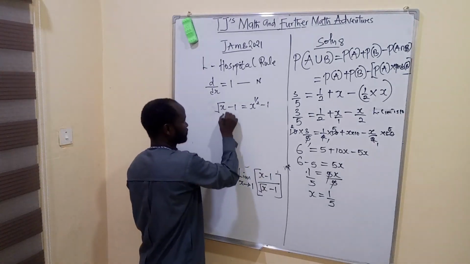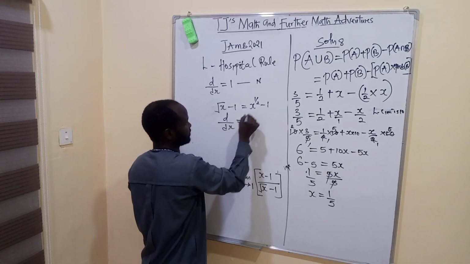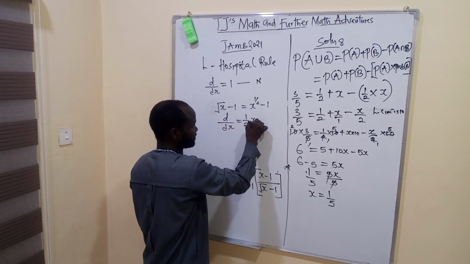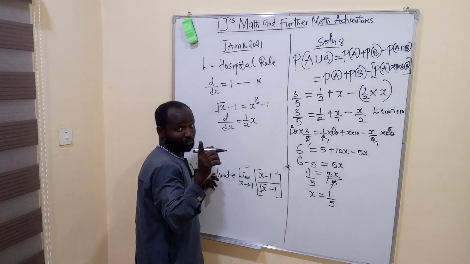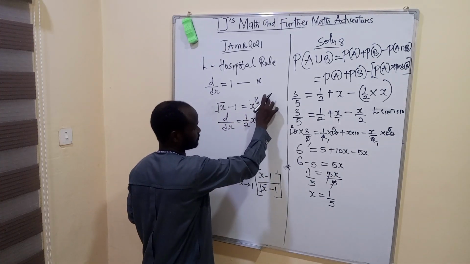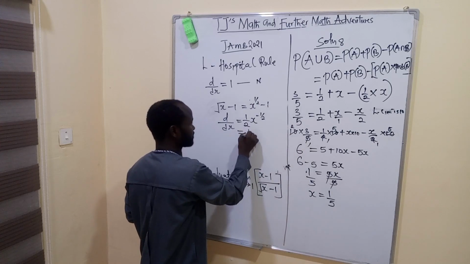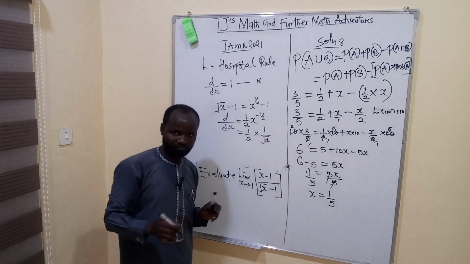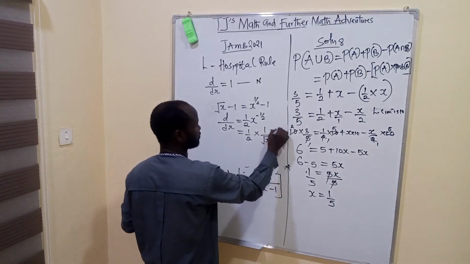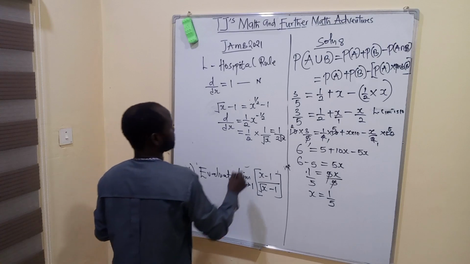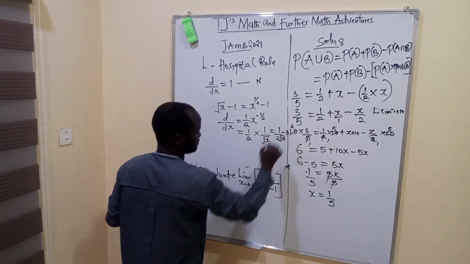The derivative of this will be, this half will come down, that will be half of x, the power will reduce by 1, that will be minus half. And when we differentiate minus 1 it is 0. We can write this as half times 1 over root x using the negative law of indices. This will be 1 over 2 root x. So this is now our denominator.